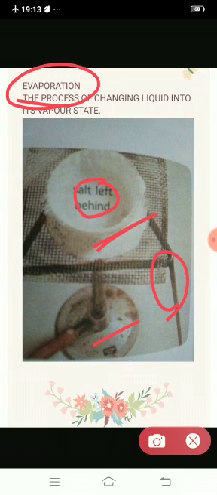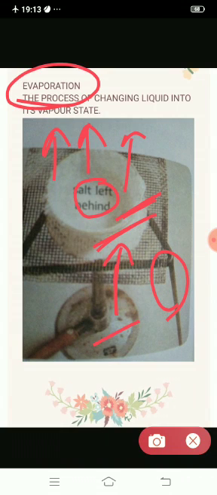We start heating the solution or mixture. Then the liquid starts evaporating. The vapors go to the atmosphere, and the leftover residue in the dish is the solid part, the solute that was dissolved.